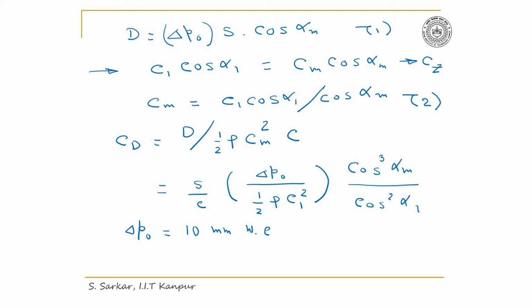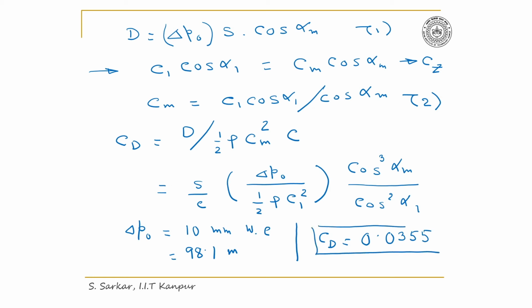So if you convert it in terms of meter of air, it will be 98.1 meter of air, right? Now evaluate the value of del P0 and other quantities. So you can get CD as 0.0355. Thus I have evaluated the value of CD.